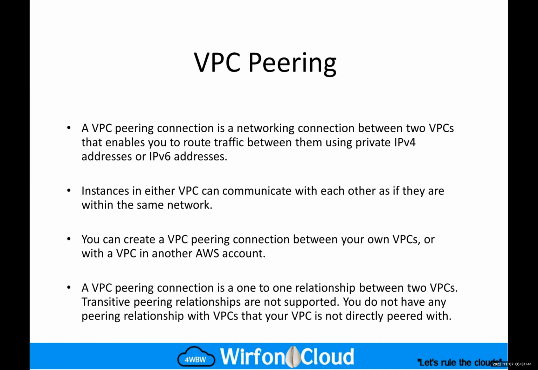Okay, so another concept in the VPC is called VPC peering. We already saw that VPCs are isolated from each other, and therefore the question comes: if I have instances in two separate VPCs and I want to connect them, how does this work? We can use what is known as VPC peering.